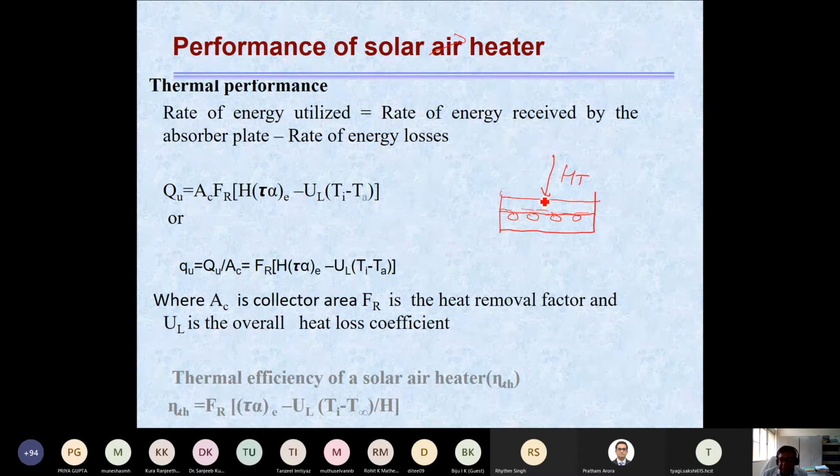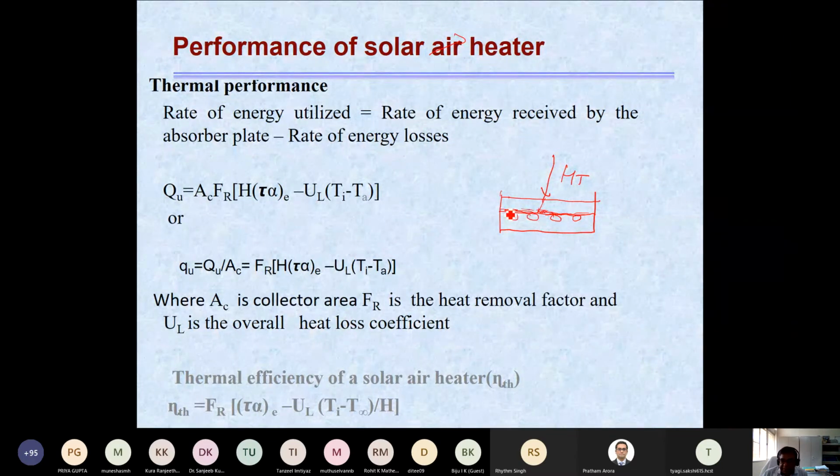So in that case, we put a glass cover, or the transparent cover, so that the solar radiation can transmit through this, depending upon the transmittivity of this. Then it goes to the absorbing plate and gets absorbed here. So the solar radiation will be converted into heat.